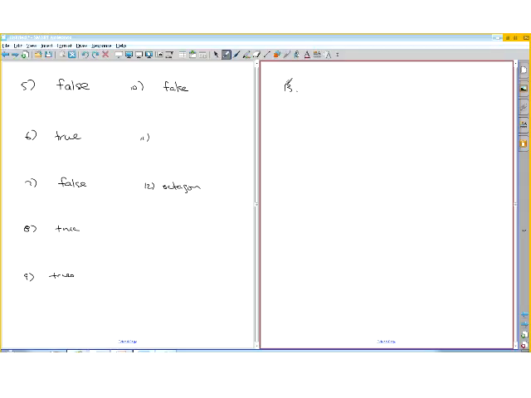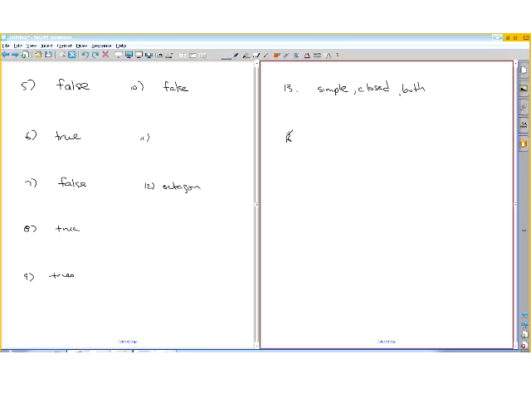Okay, so 13. It's closed because there's no break in the curve, and it's simple because it doesn't cross over itself. So in this case it's both. It's simple because it doesn't intersect itself, and it's closed because there's no end to it.